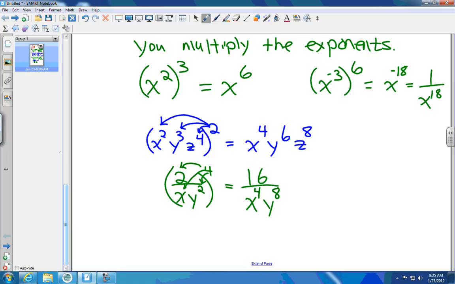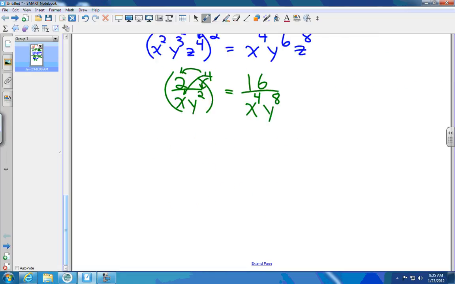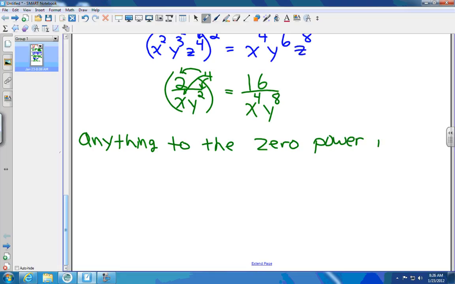And finally, the last rule, anything to the 0 power is 1. And I'll put this in here, except 0. 0 to the 0 power is undefined.